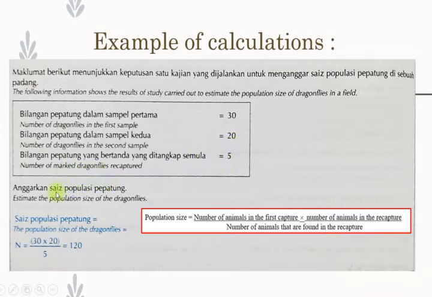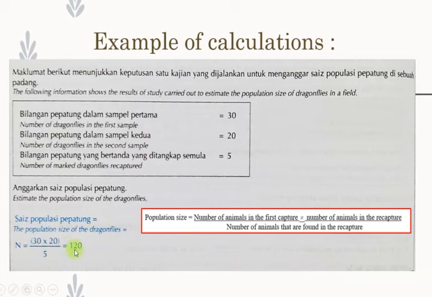So how to estimate the population size? We use the formula: the number of animals in the first capture times the number of animals in the second capture, divided by the number of marked animals in the second capture, which is 5. So we will get 120.